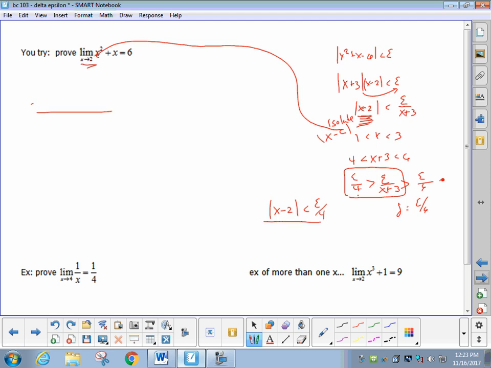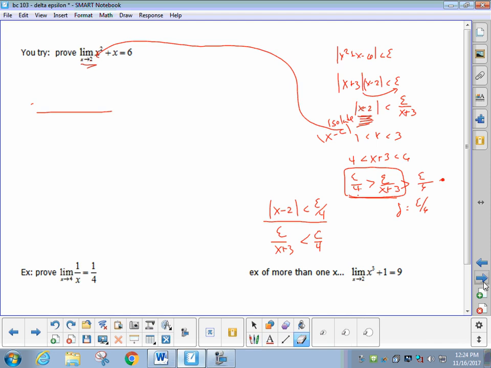That, combined with this, says that epsilon over x plus 3 is less than epsilon over 4. Now, my goal is to relate these two directly to each other. There's nowhere to go from here. I know this is less than epsilon over 4, and I know this is less than epsilon over 4, but I can't make a comparison between those two because I don't know which one's bigger, so there's nowhere to go from there.